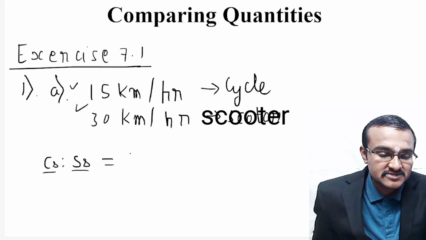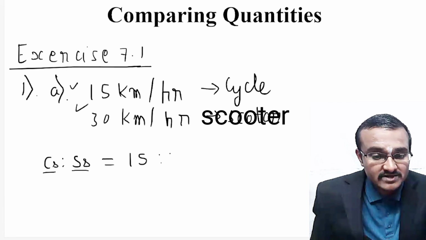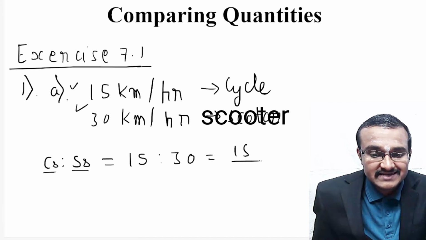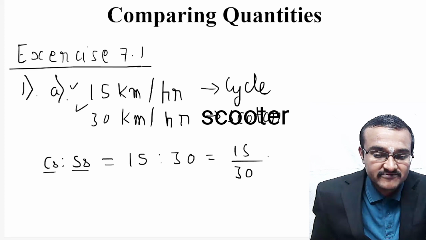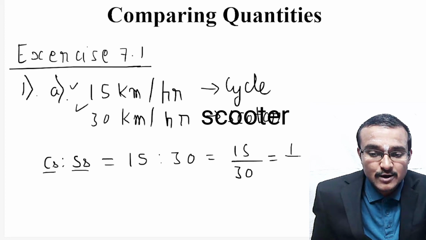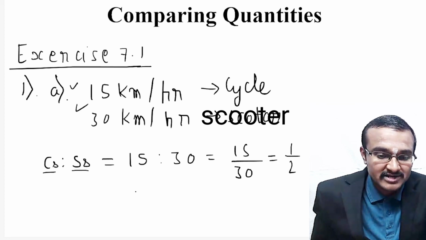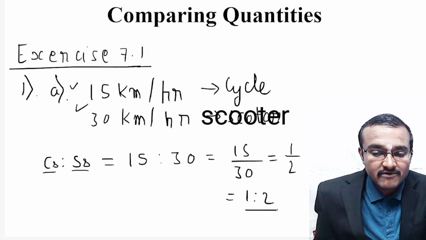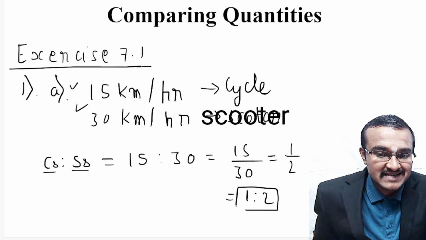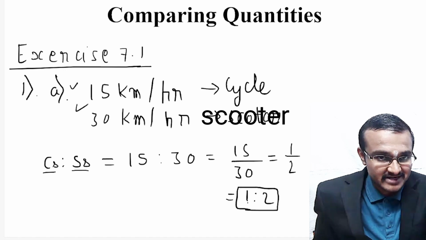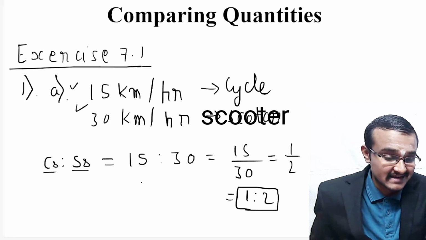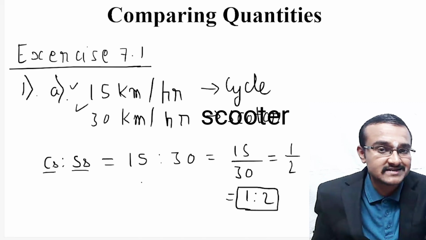What is the speed of the cycle? 15. What is the speed of the scooter? 30. So what is 15 is to 30? It can be written as 15 by 30. 15 by 30 is 1 by 2. So 1 by 2 can be written as 1 is to 2. So the ratio of the speed of the cycle to the scooter speed is 1 is to 2. So the answer for part A of this first question is 1 is to 2.